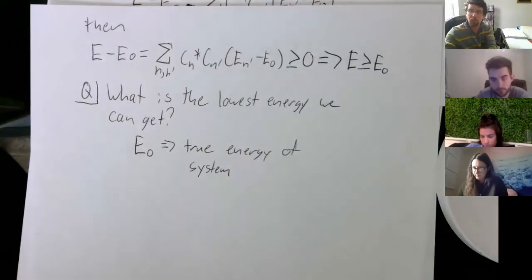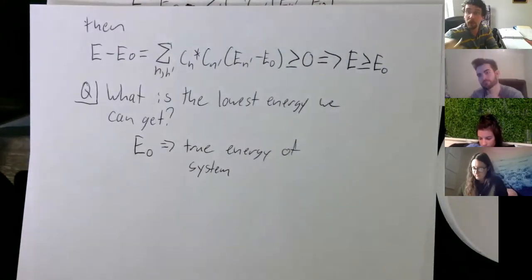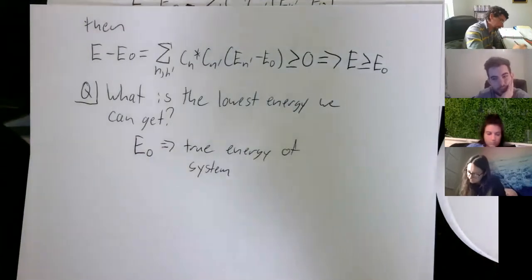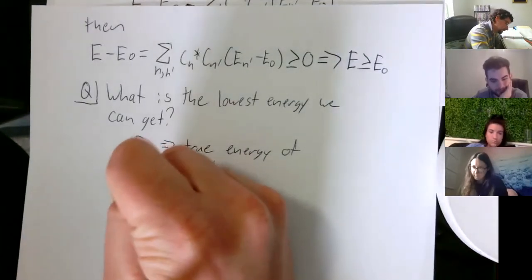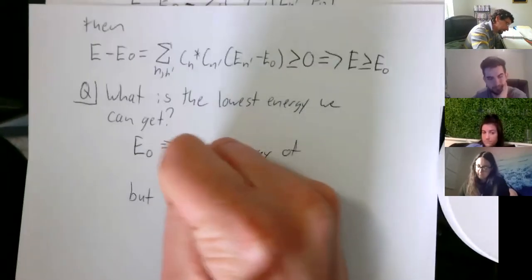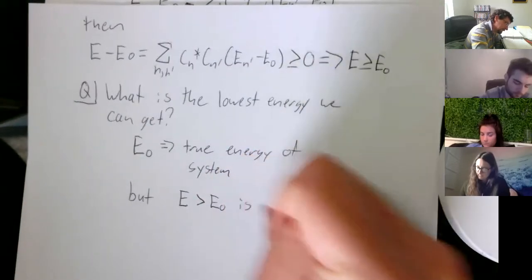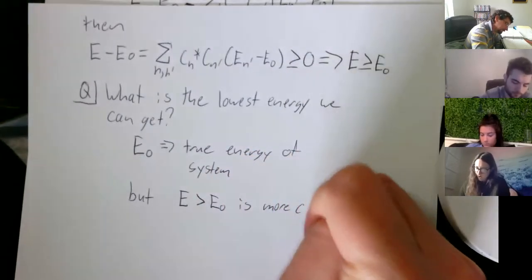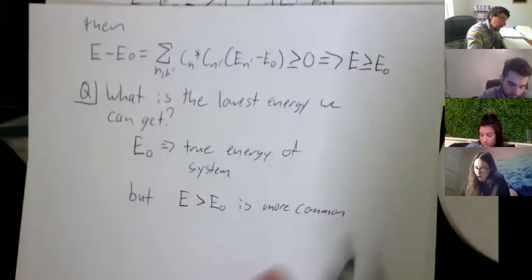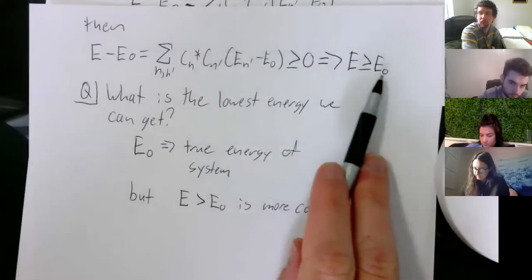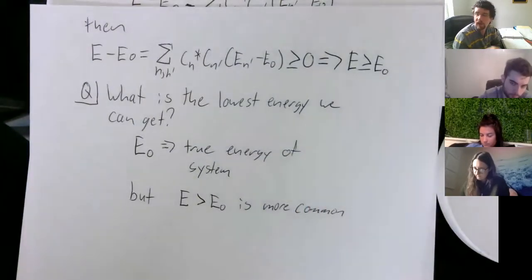Or what's the more probabilistic answer that we will arrive at? Anything greater than it, just some value greater than E naught. Yeah. But we're trying our best. We want to get to that, but with all the approximations we make, it's most likely not going to happen.